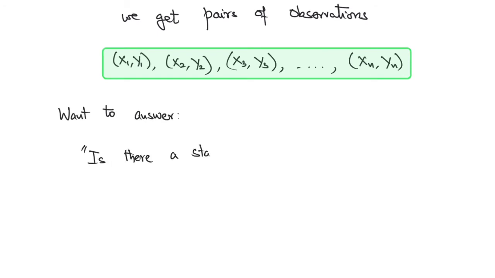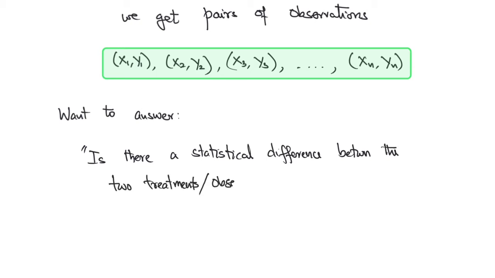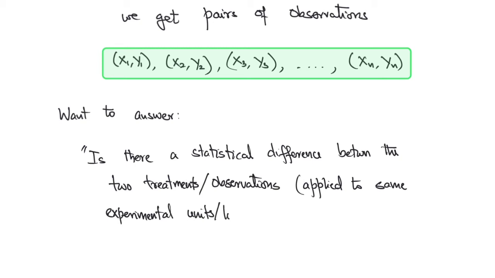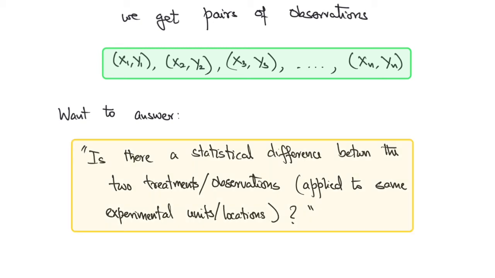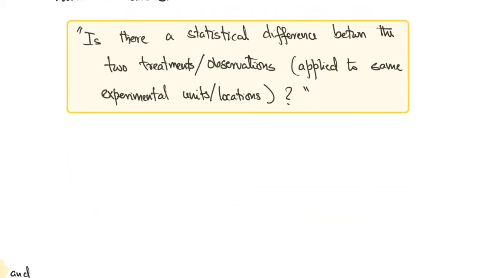In this setting, we want to ask the question, is there a statistical difference between two treatments or observations applied to the same experimental unit or location? In the context of the example, is there a statistical difference in taking the weight loss regimen and causing actual weight loss?